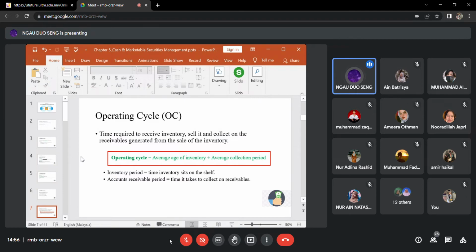So operating cycle equal to the average age of inventory plus the average collection period. So inventory period equal to time inventory sit on the shelf. Account receivable period, time it take to collect on receivable.